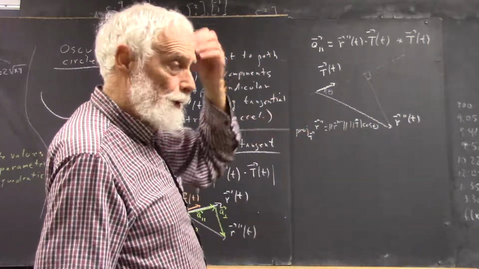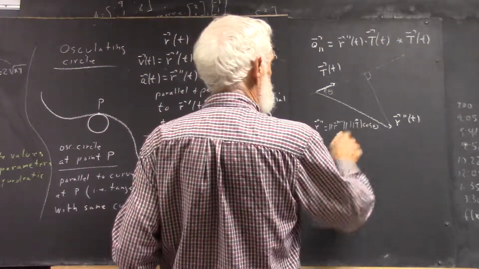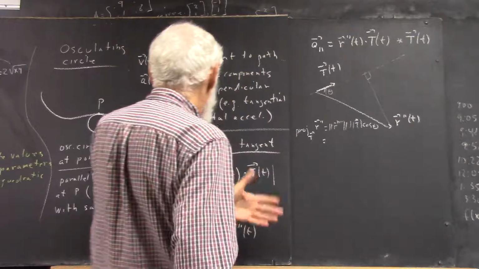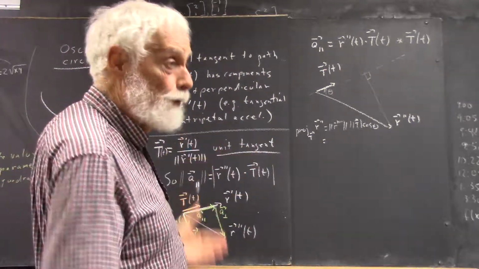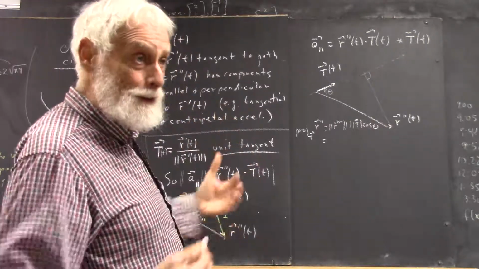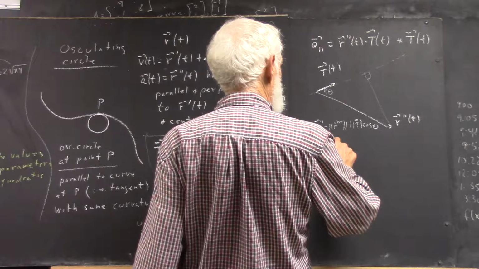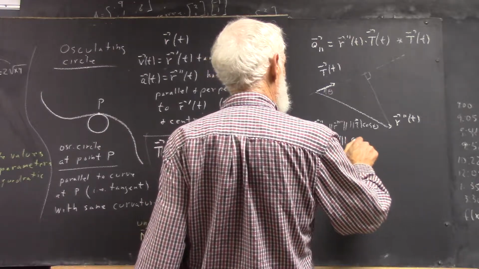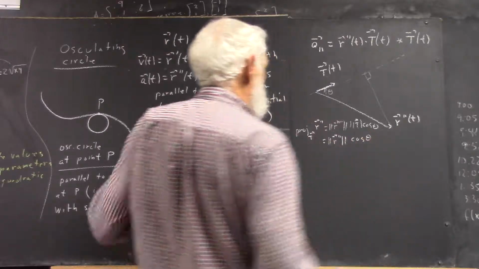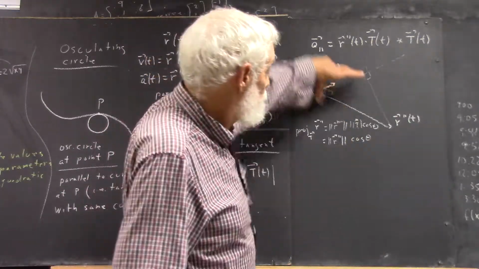I'm writing that kind of small because it's a very straightforward calculation you've already seen. Unit tangent vector means, well, we got it by dividing this vector by its magnitude, so its magnitude is 1. That's why we call it a unit vector. That's why unit vectors are convenient. It's just magnitude of r double prime cosine theta, right? Which is the length of this side.